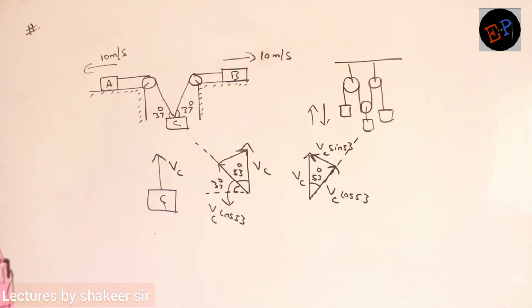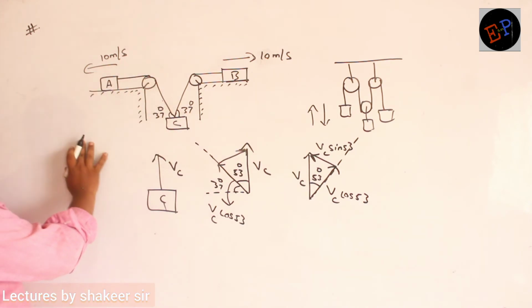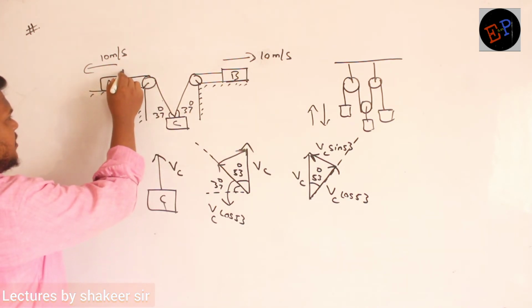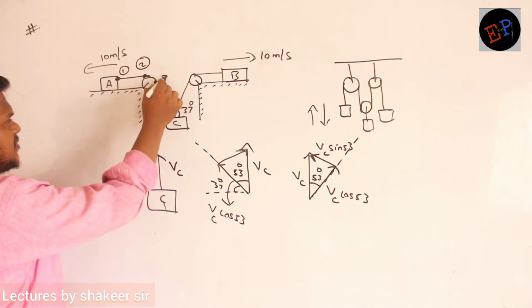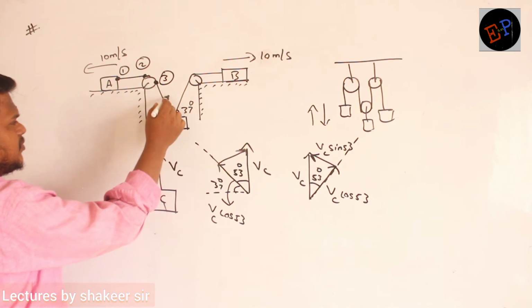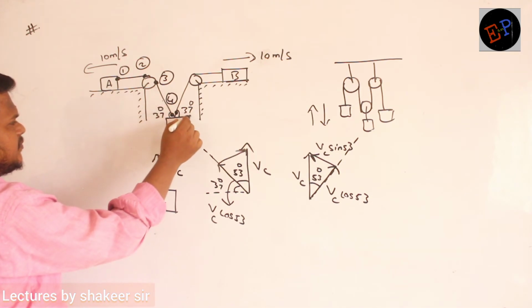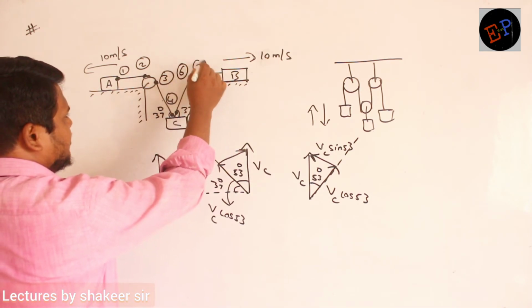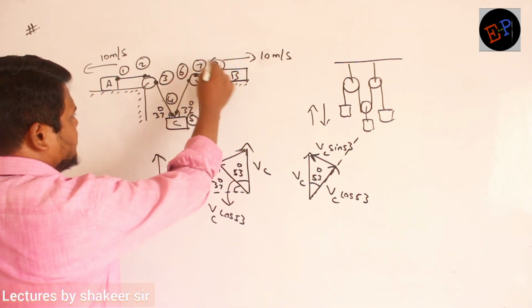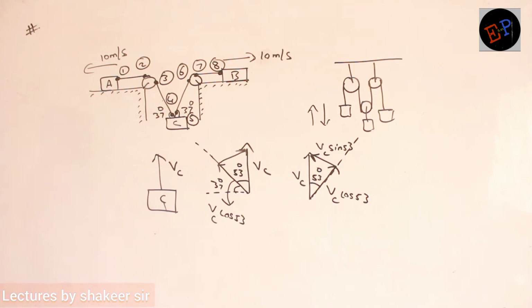Now let us see. Now use the point method. So how many points are there? Let us identify. Point number 1, point number 2, point number 3, point number 4, point number 5, point number 6, point number 7, point number 8. So totally how many points did I get? 8 points.